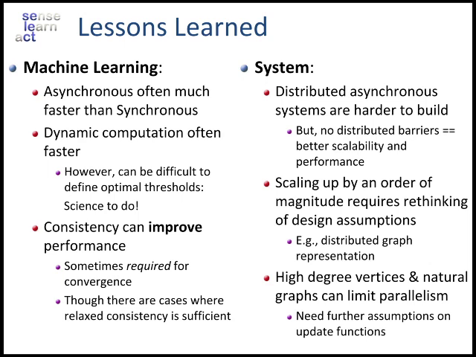From the systems perspective, it's harder to build an asynchronous system than a bulk synchronous parallel system, but asynchronous systems give you many advantages, for example, the lack of need for barriers, as shown by the snapshotting work here. Scaling up an order of magnitude required us to rethink our representation and our abstractions, and I think we might have to do that in the future as we deal with larger and larger problems.